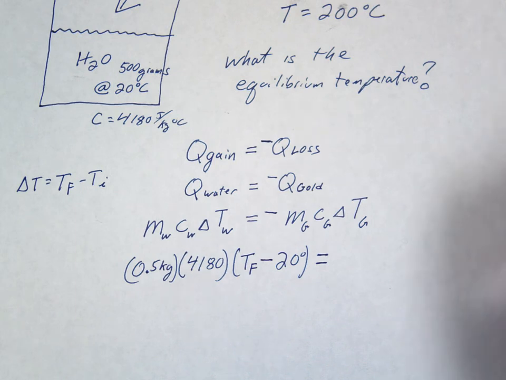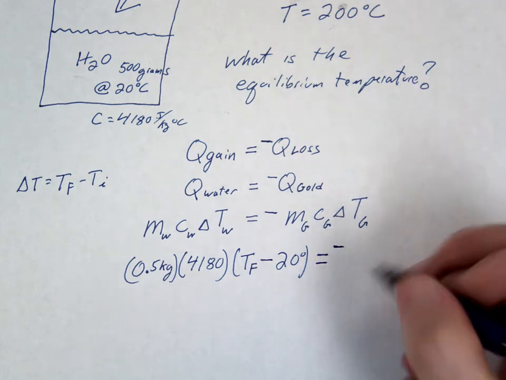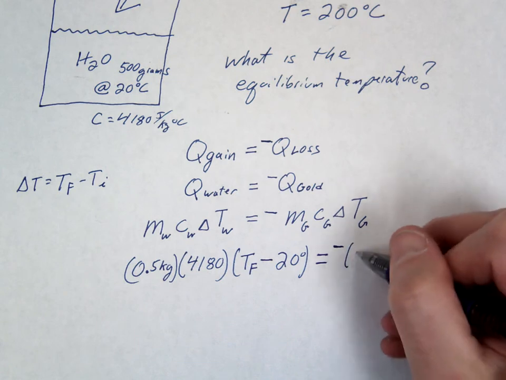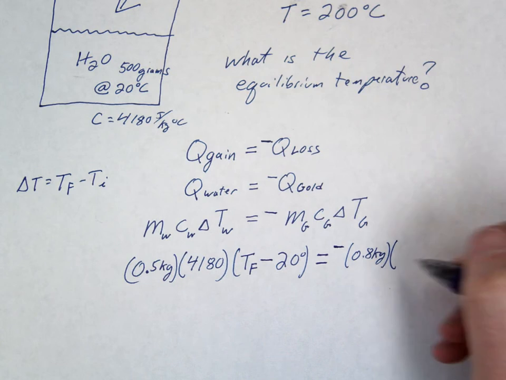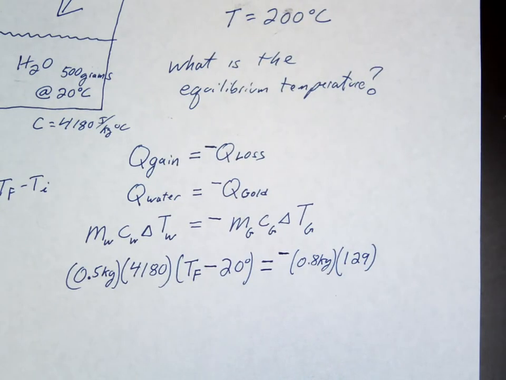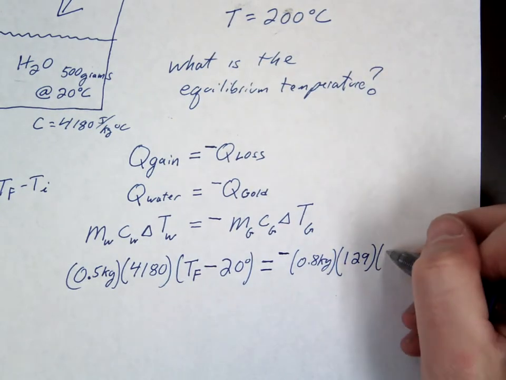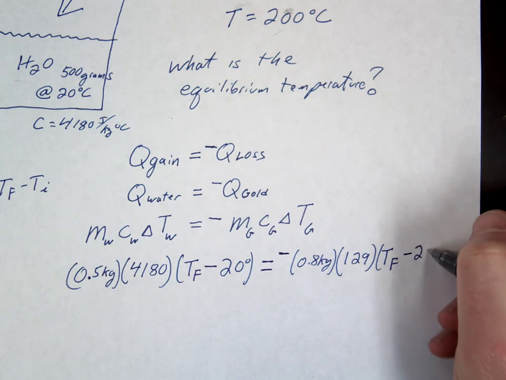Okay, that should equal, now don't forget this negative here, the mass of the gold was 0.8. C of the gold is 129. And again, we're going to go T final minus 200.